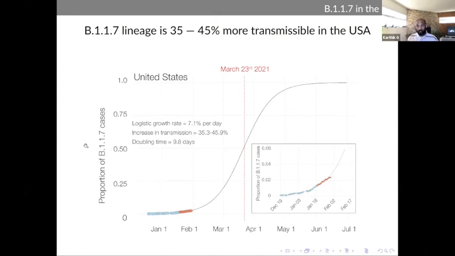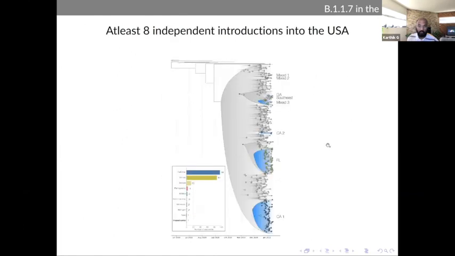Along with testing data, we also looked at the genomic data. We had about 212 genomes of the B117 lineage in the US. When we look at the phylogeny, you see that there were at least eight independent introductions of that lineage into the US from outside the US, with 2 major introductions coming into California and Florida.